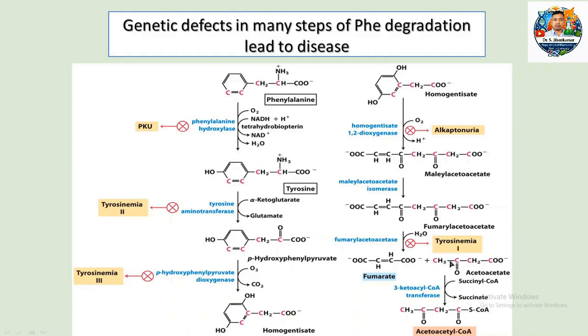Then the fumarylacetoacetate is broken down into two parts, two products. One part, as we know, must be fumarate, and the other part is the acetoacetate. So this is a hydrolysis enzyme, that's why it requires water. So from phenylalanine you have two products, fumarate and acetoacetate.